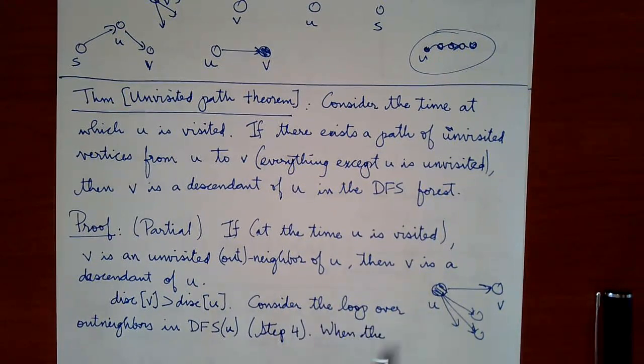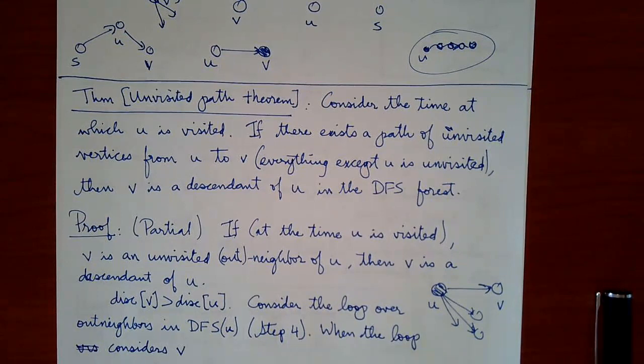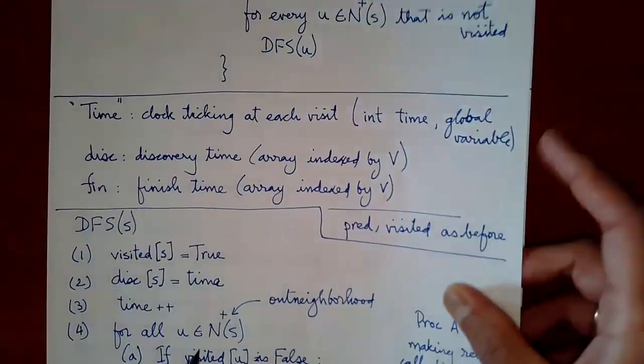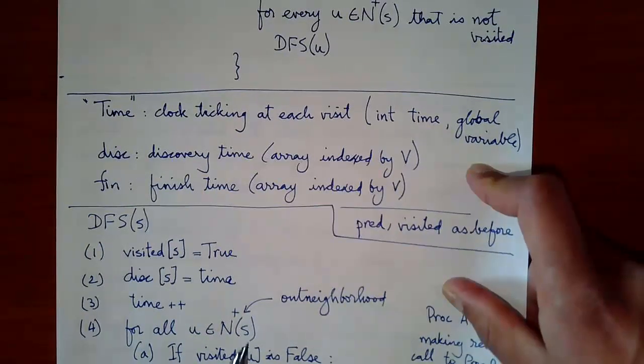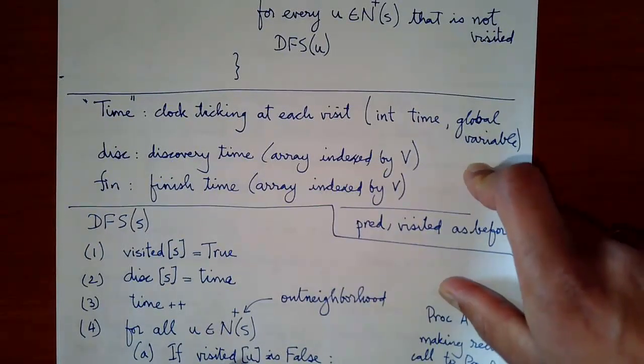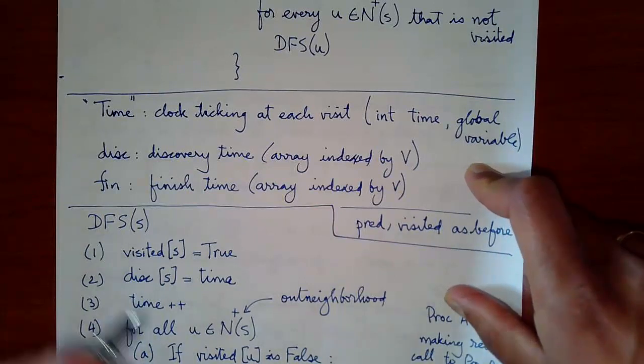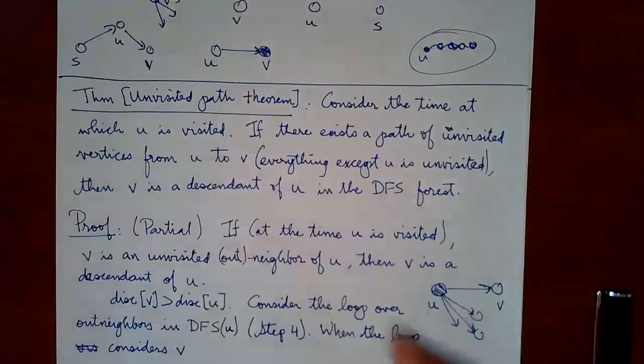When the loop considers V, because it has to consider everything in the out neighborhood. I said U in the neighborhood of S, but technically think of V in the neighborhood of U, because U is the source vertex in this case.